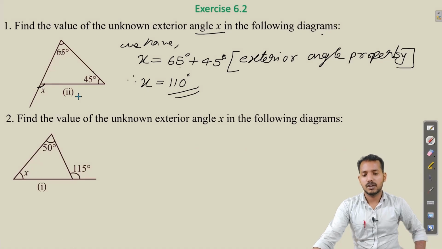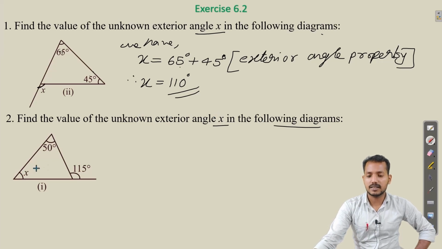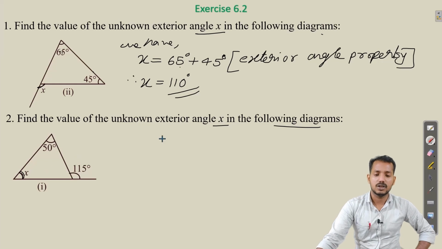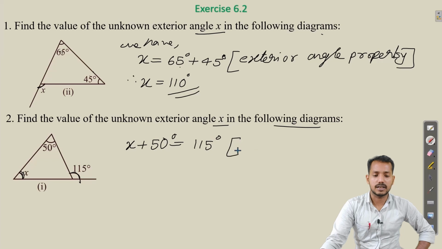Question number 2. Find the value of the unknown exterior angle x in the following diagrams. Here x is not the exterior angle, it is one of the opposite interior angles. So according to the exterior angle property, the sum of these two opposite interior angles, x plus 50 degrees, is equal to the exterior angle, 115 degrees.